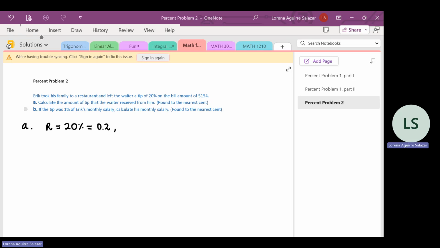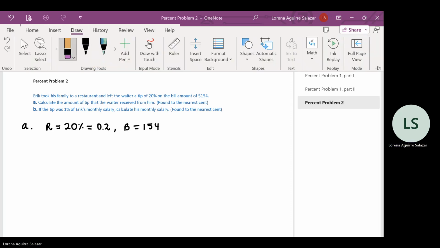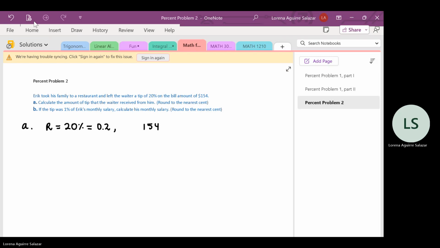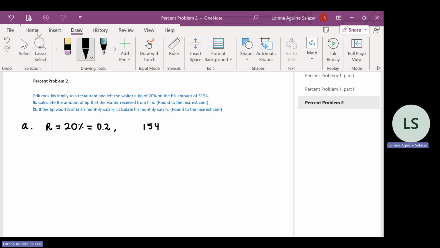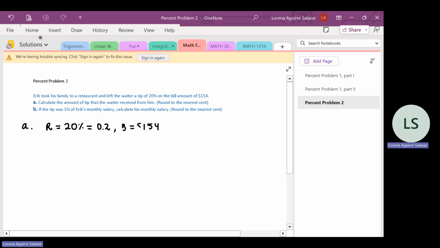Now here the base, the whole quantity we're talking about is $154. So the base is $154 because that's the whole amount. And we're going to compute 20% of those $154 to know the portion of the base the waiter received from Eric.